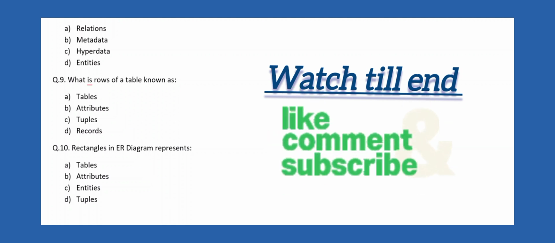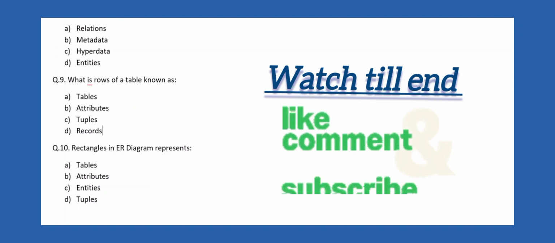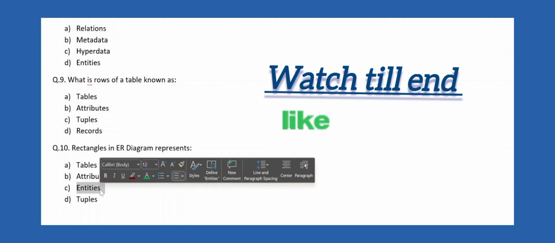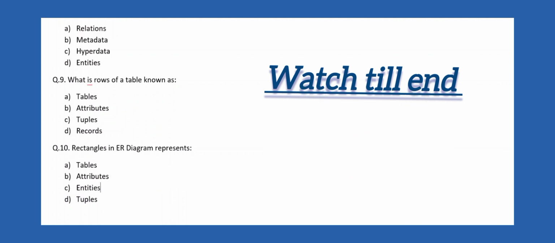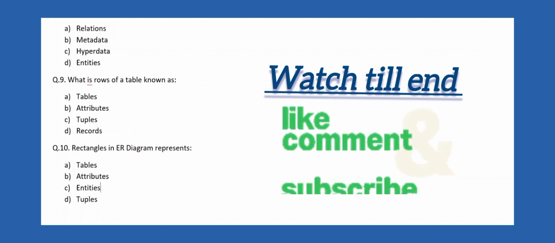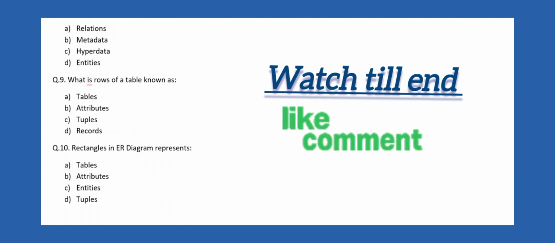In ER diagram, actually, there are several notations which we use to represent ER diagram properly. So, rectangles represent entities in ER diagram, and attributes are represented by the oval shape in ER diagram. Fine. And relationship is represented by diamond shaped box in ER diagram.